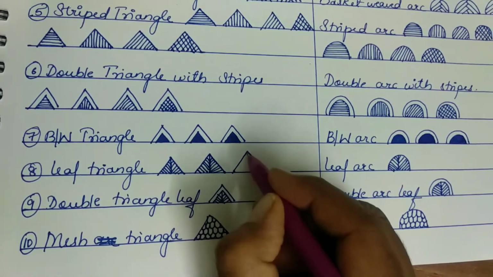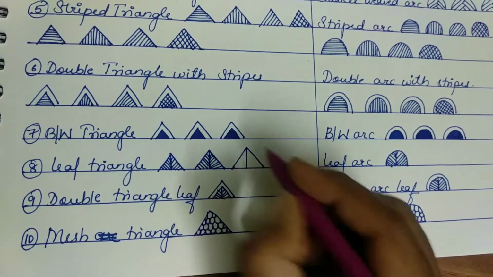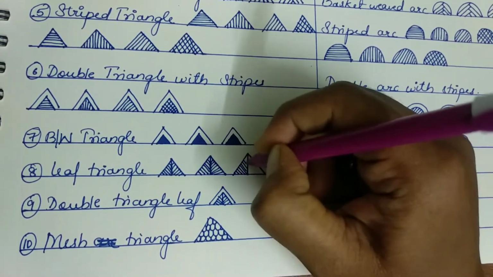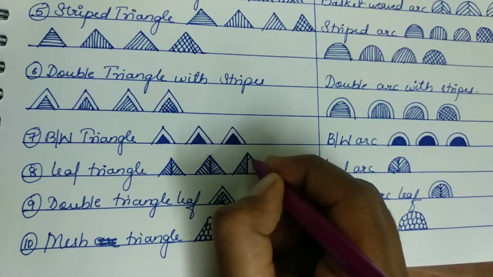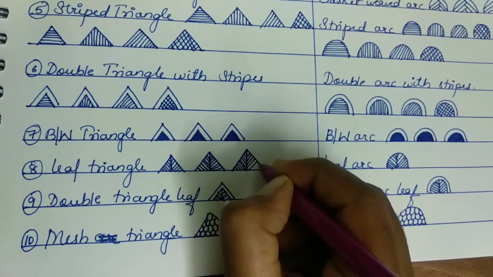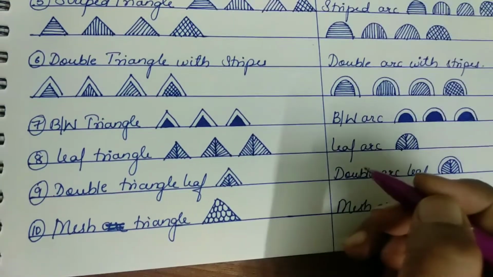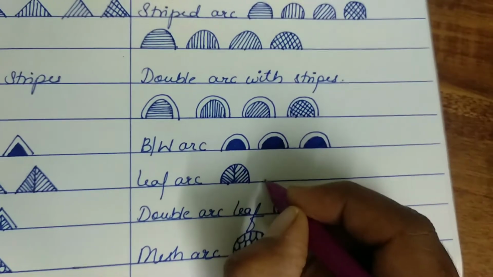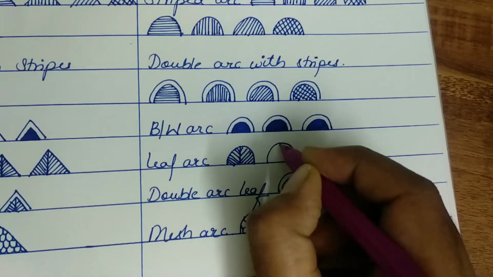So let's do that once again. A vertical line, and then just draw these slant lines on both the sides. This is how the leaf triangle looks, and it is the same with the leaf arc as well.